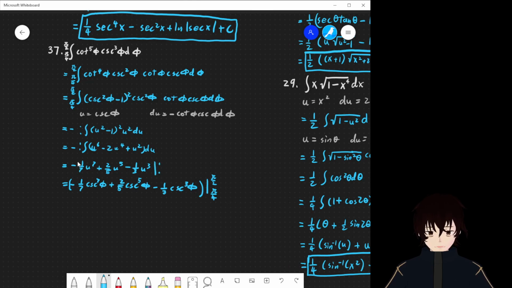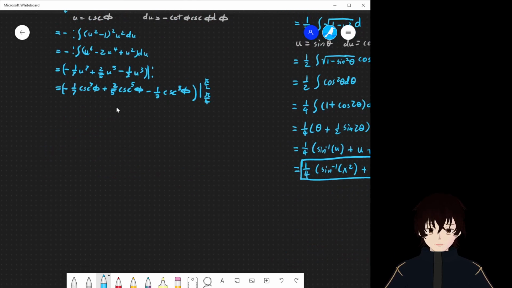From summer to summer. Cosecant power 2. Oh god. So sine of pi over 2 is 1. 1 over 1, that's negative 1 over 7 plus 2 over 5 minus 1 over 3 minus sine of pi over 4, which is root 2 over 2.